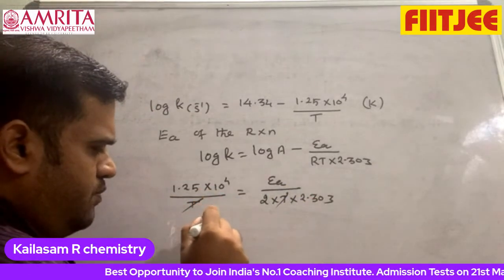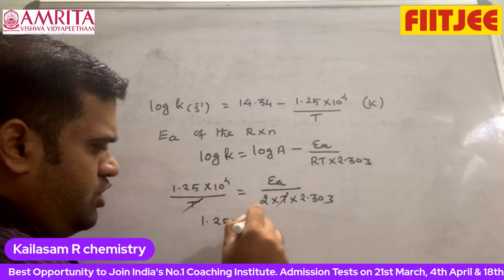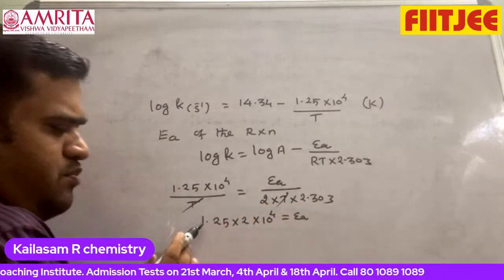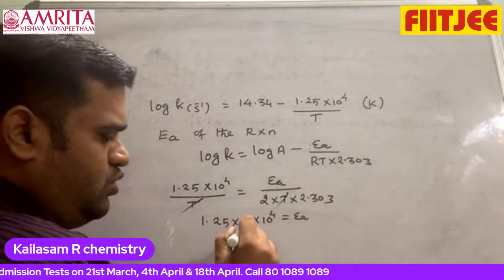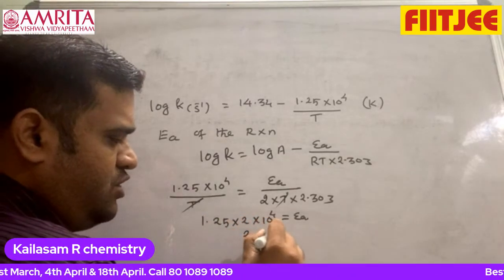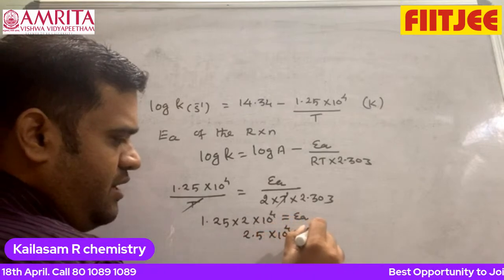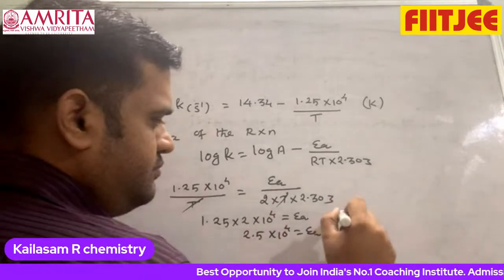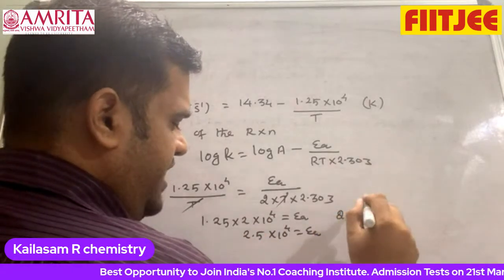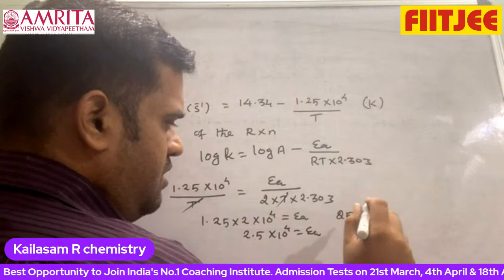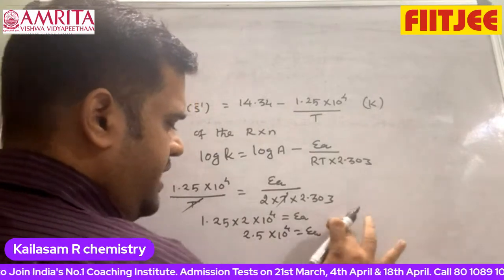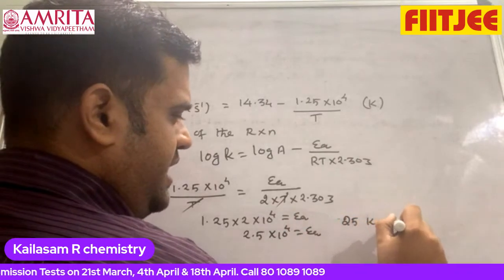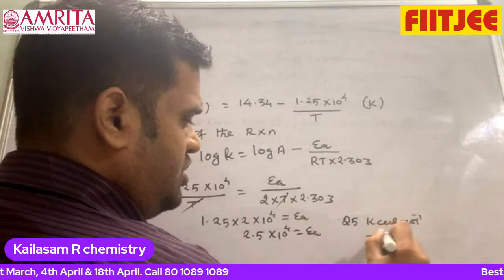Therefore, EA is 1.25 into 2.303 into 2 into 10 power 4. So 1.25 into 2 is 2.5 into 10 power 4 calories per mole. Therefore, I can write 25 kilocalories per mole.